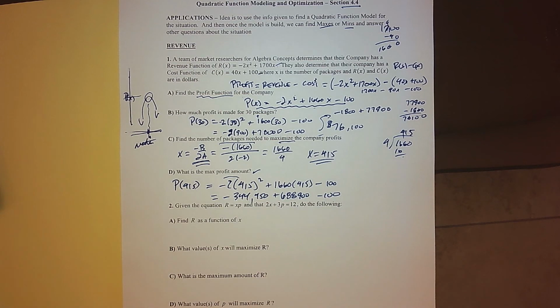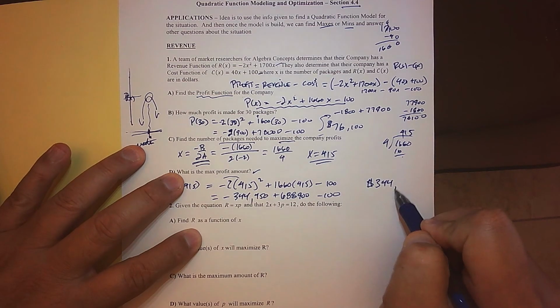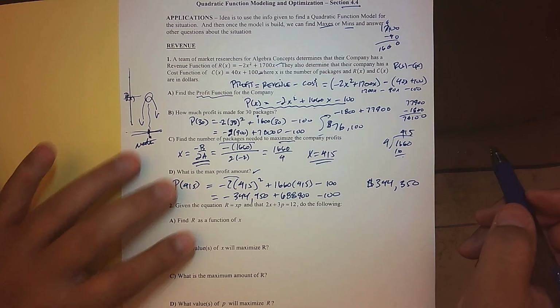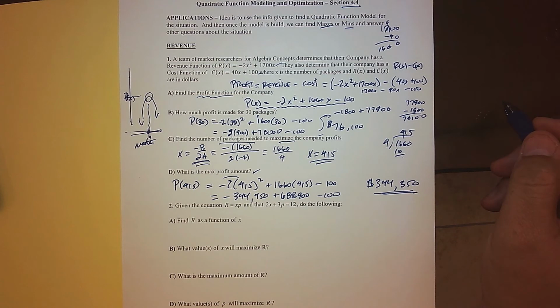So if I now take all these numbers, I take the 688,900, I subtract the 344,450, and then I subtract the 100. What I'm getting from my calculations is $344,350. So that is basically what's going to be the max.